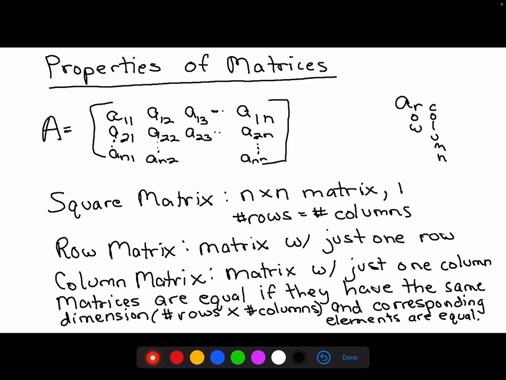Okay, so I think that's all I can squeeze into that slide. So these are some definitions and concepts to keep in mind as we start getting into properties.